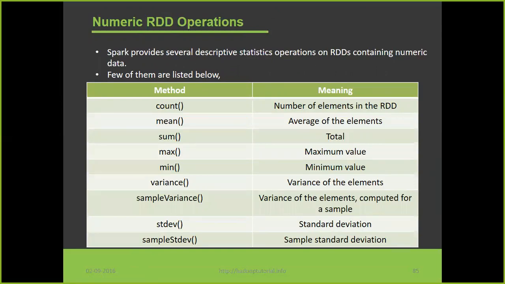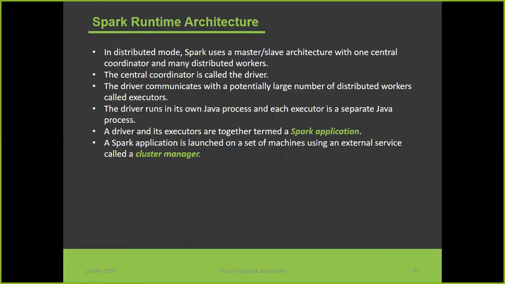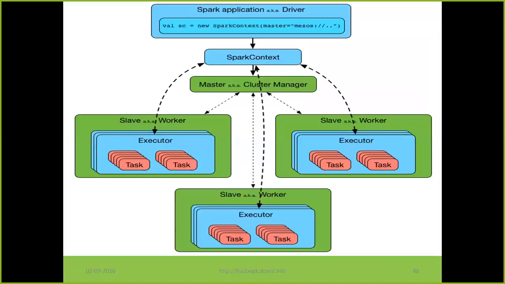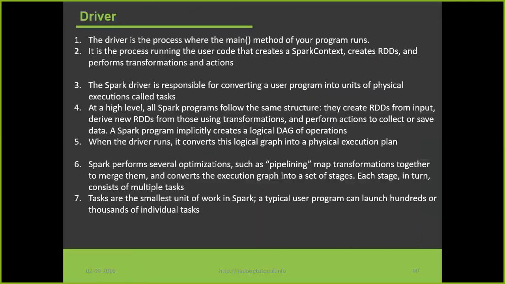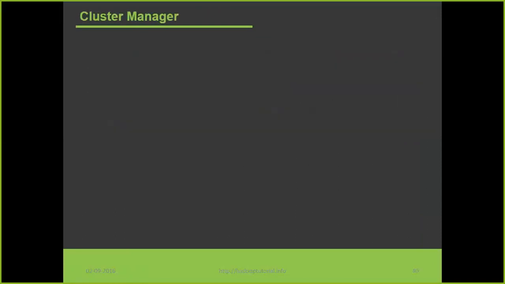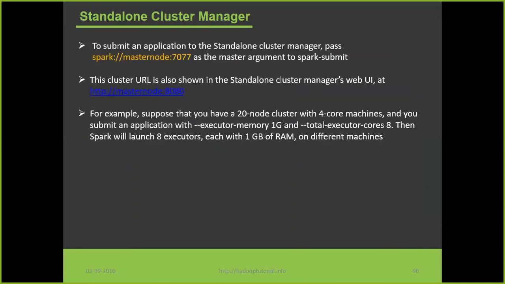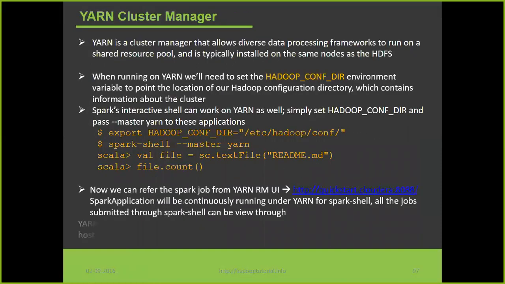Okay, so I will stop here today, and tomorrow we'll discuss the runtime architecture at the cluster level. We'll go a bit deeper into the driver, executors, cluster manager, same as your application master, all these things on the cluster.